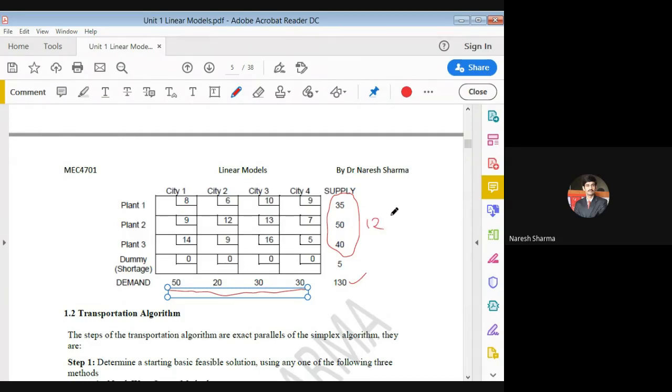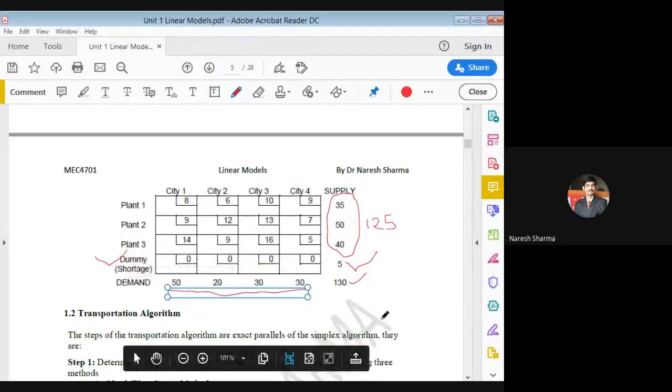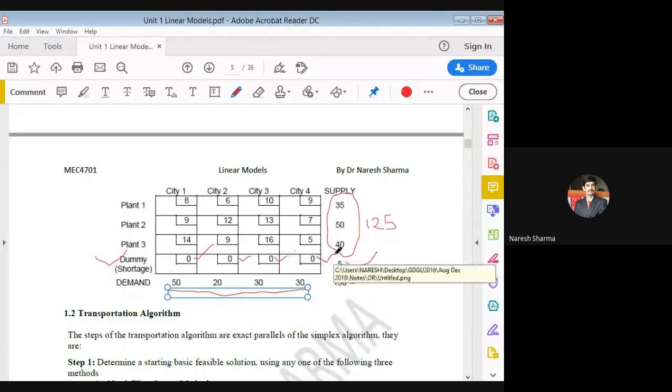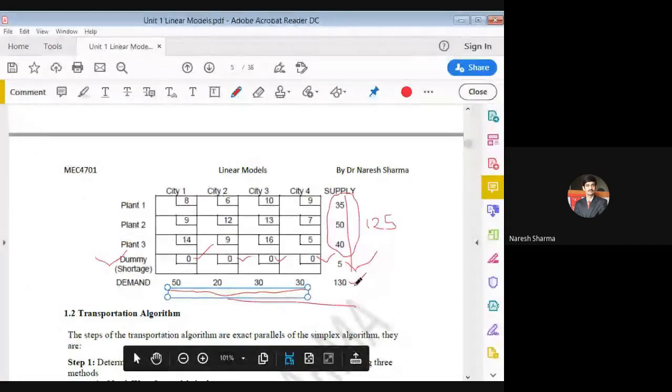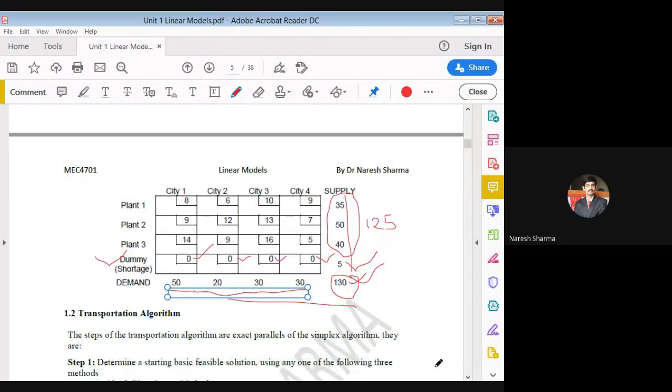So we are 5 units short in capacity, and we need to add 5. We add these 5 by adding one more plant, plant 4, with the cost of supplying from this plant to cities 1, 2, 3 being 0. We add this dummy just to balance the problem. Now you see the problem is balanced, because the total supply and demand are both 130, right?